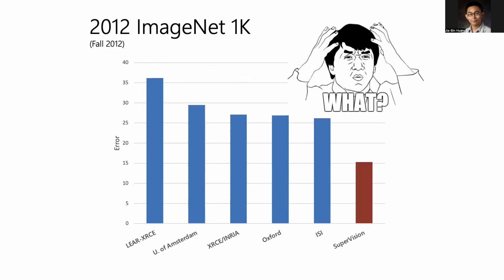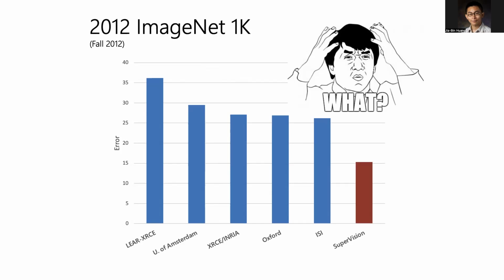And what's even more disappointing is that these were not vision people. They were just machine learning people. They didn't know what SIFT features or all these other things were. But they were able to just leverage machine learning models and perform much better on the computer vision tests.